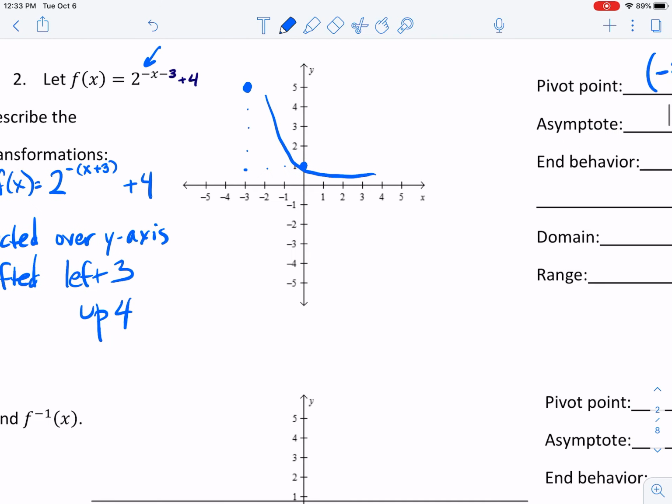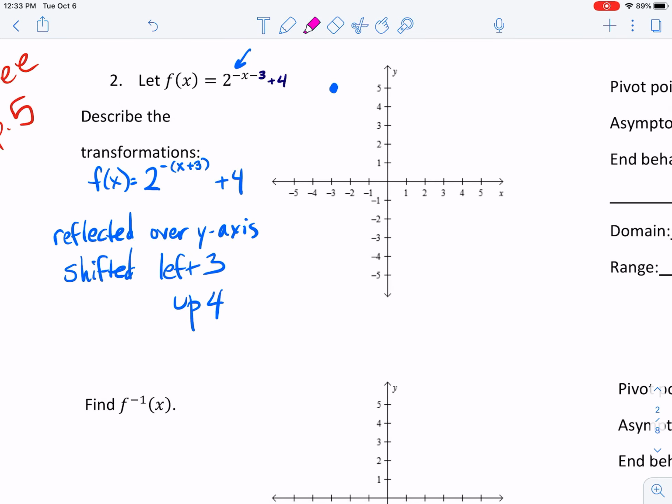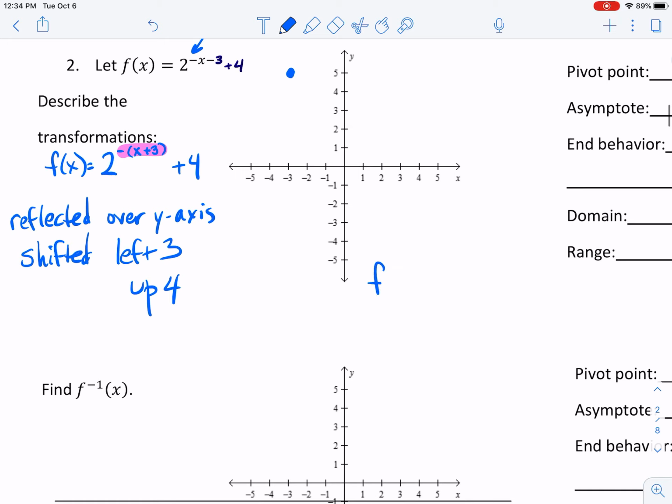Now, sometimes it gets a little hard to see what's happening on the graph, and I'm going to get rid of a lot of this mess because I don't need it. But the other way to think about the pivot point is, what do I need to plug into my x so that my exponent becomes 0? Well, if I plug in -3, so if I say f of -3, this becomes 2 to the -3 plus 3, plus 4.